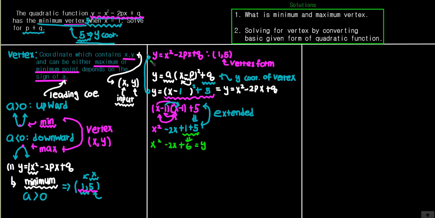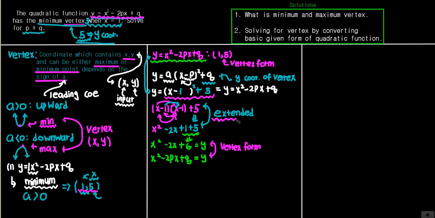And if we compare with our function that is given with the unknown variables, let's write it down: y equals x squared minus 2px plus q. This is the whole point of why we convert into the vertex form. At first we need to use our given information, which is our vertex, and convert it into a form that is familiar to us.